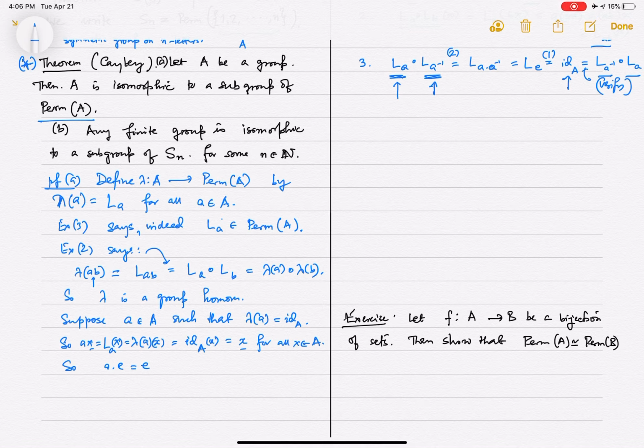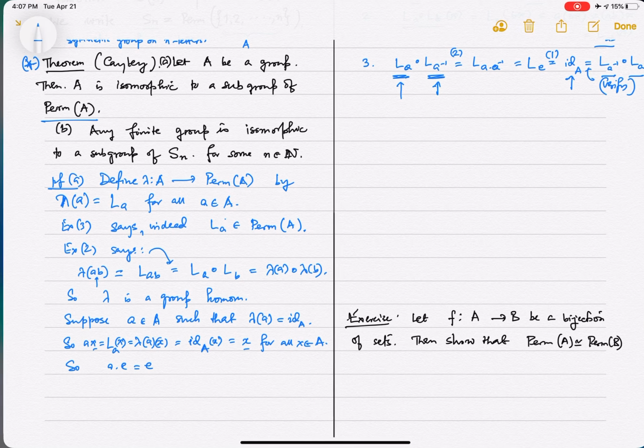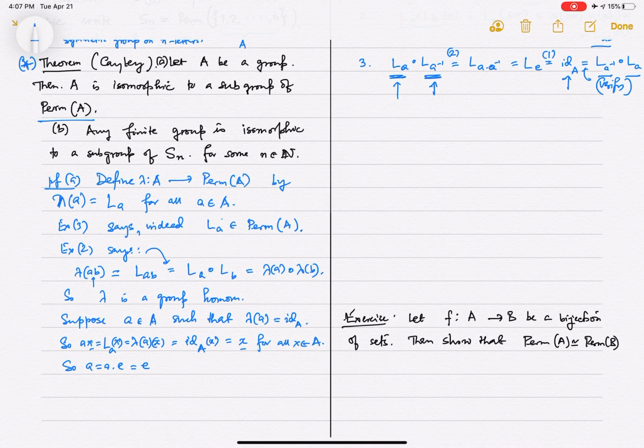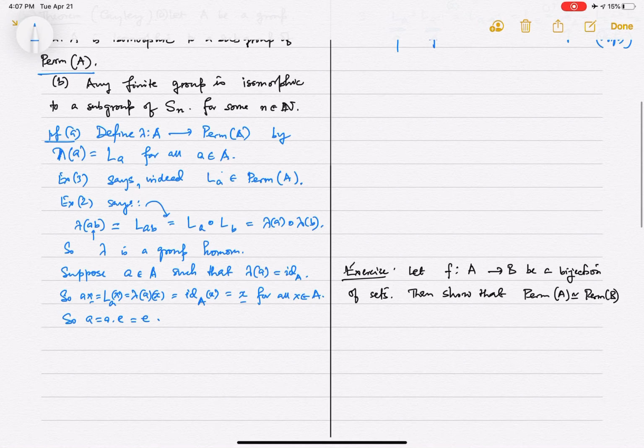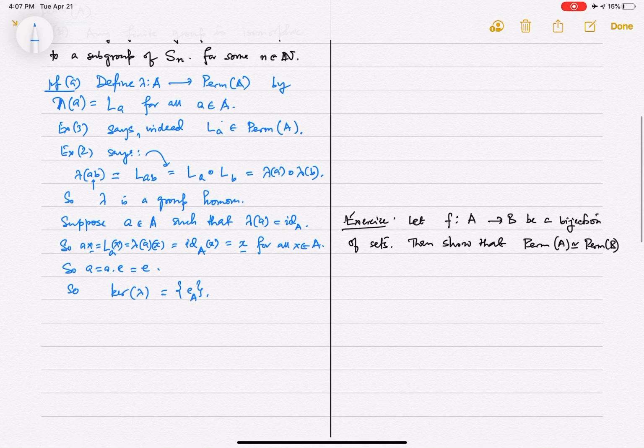It holds for all x, so it holds for identity. But this is a, so a is identity. So this tells you that if something goes to identity, it was identity to begin with. So the kernel of this map is just the identity element, identity of A. So lambda is injective.